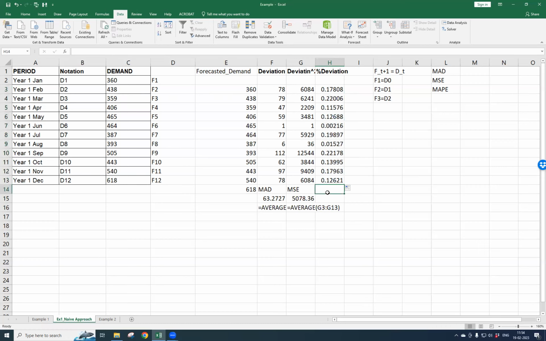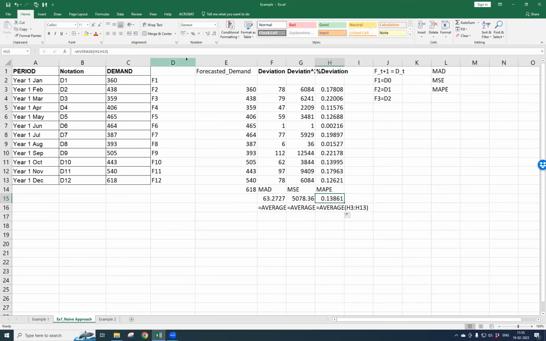Now, how do you think we calculate MAPE, which is mean absolute percentage error? The word mean over here is nothing but representing your average value. So just take the average of the previous values. That's about it. This gives you the average value, right? And I can even give you the formula for this. This happens to be this. Now over here, we are getting a percentage error of 13.86.